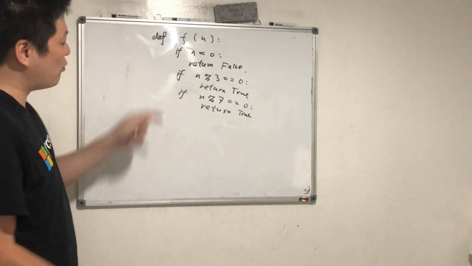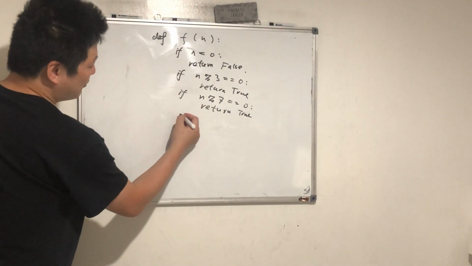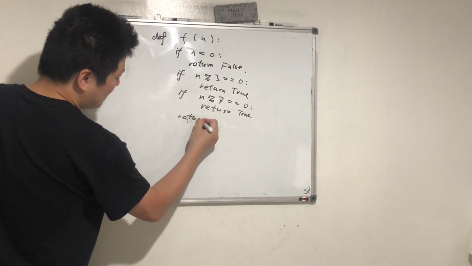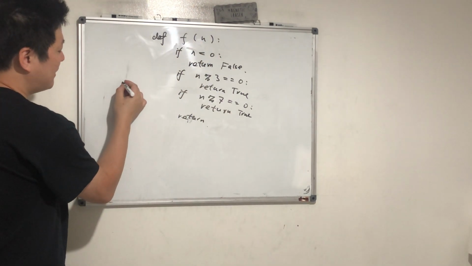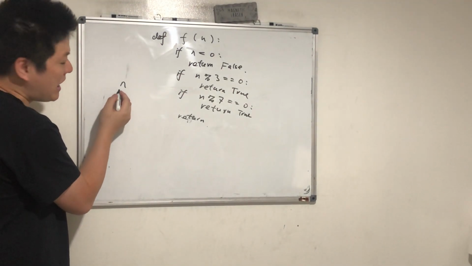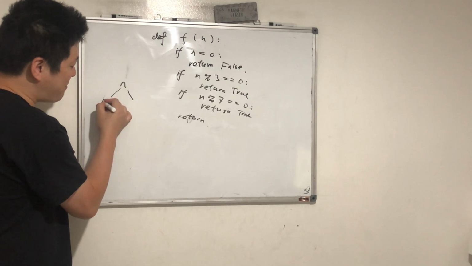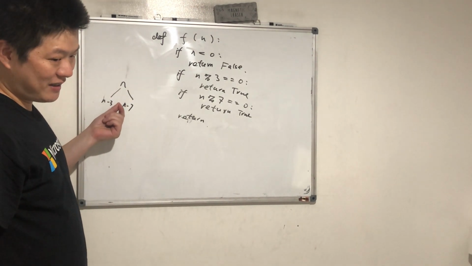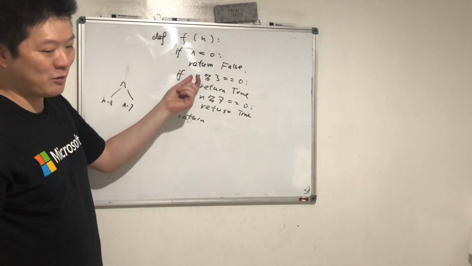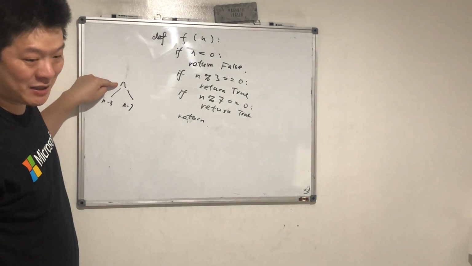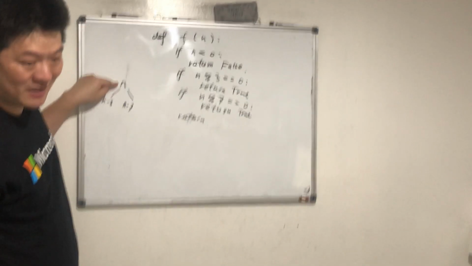So what happened to the number? We are working on this n. What's the purpose? If any of n minus 3 and n minus 7 is a multiple of 3 and 7, then this number must also be such a multiple.